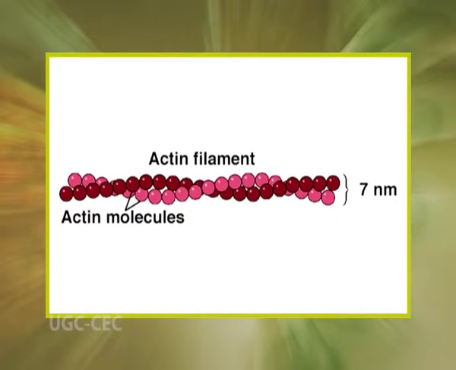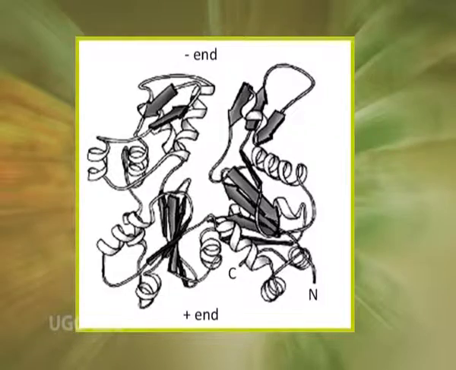Actin filaments are thin, flexible fibers approximately 7 nanometer in diameter and up to several micrometers in length. Within the cell, actin filaments are organized into higher order structures forming bundle or three-dimensional networks.